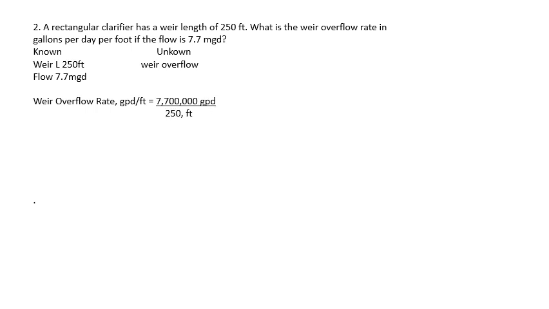Add that into our formula. We already have our weir length in feet. It's 250 feet. You're going to do your division, and your answer is 30,800 gallons per day per foot.